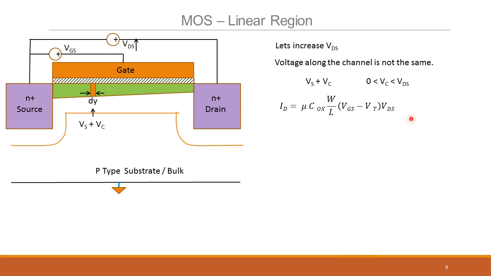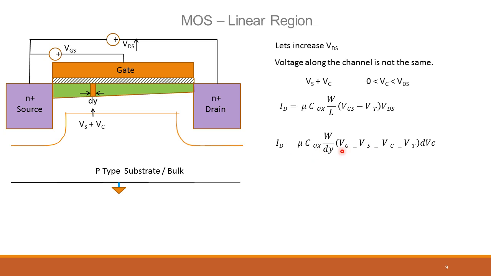This is the equation for a linear region MOS transistor when VDS is very small. I'm going to use this equation and apply it to the small area. So mu Cox remains the same, width is the same, but the length we are considering is only dy now. So length is replaced by dy.